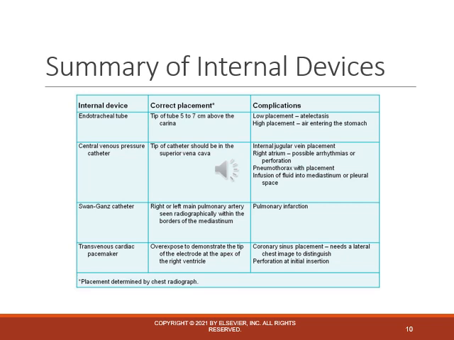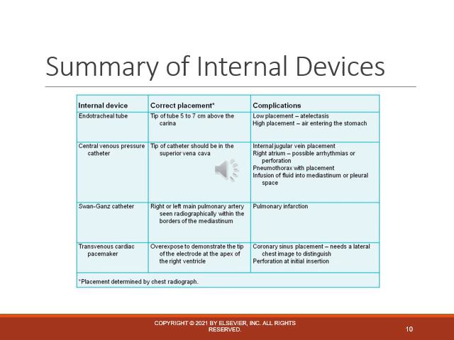A Swan-Ganz catheter, this one's a little bit harder for me to remember. So one of the easiest ways, I think about a swan floating. With the Swan-Ganz catheter, what it does is it basically introduces a catheter to the right or left main pulmonary artery. And it's able to do that by coming through the similar system of our central venous catheter.